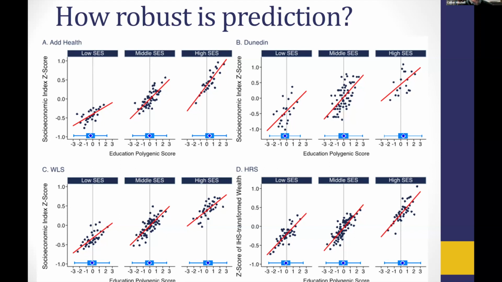And then the y-axis is the socioeconomic index, or wealth, I think is what it is for HRS. So how do those compare? And you start to see that, in fact, it's actually fairly robust, fairly strong across all of them. A little bit different with Add Health, lower SES, but for the most part, very robust.